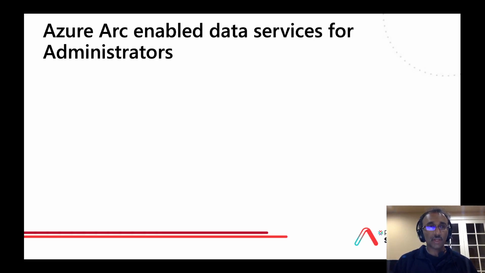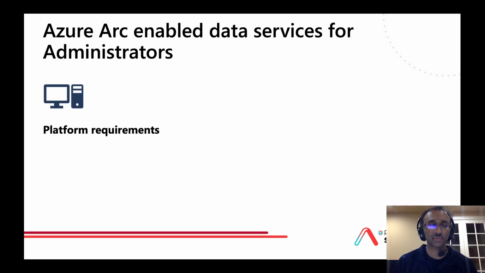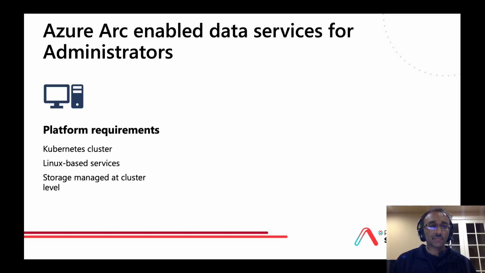Now let's take a look at a high level at what this means. If you're an administrator, you must be wondering, what do I do with data services, or what are the new things I need to learn? In terms of platform, the data services deploy on top of a Kubernetes cluster. So you need a Kubernetes cluster to be able to deploy and manage it.